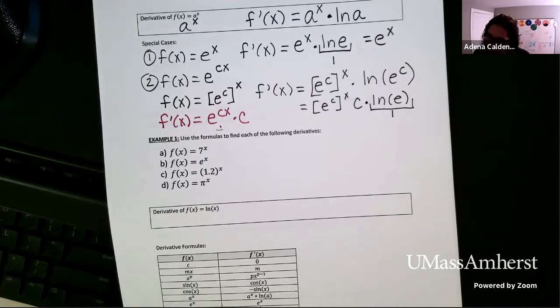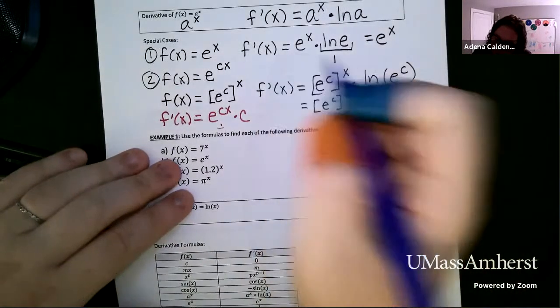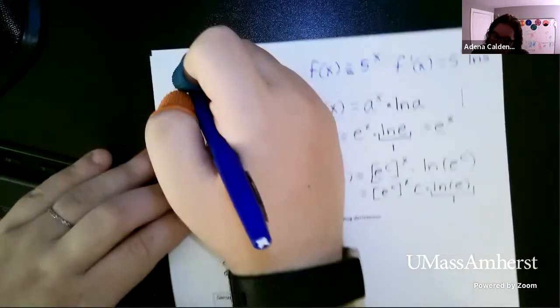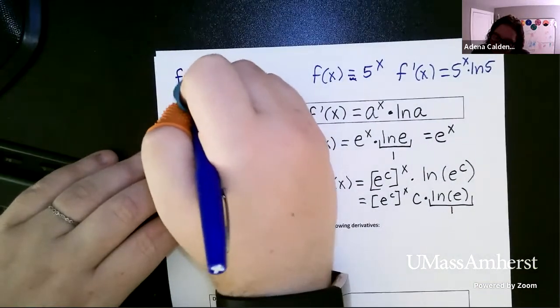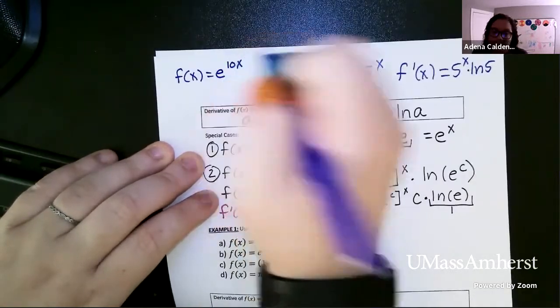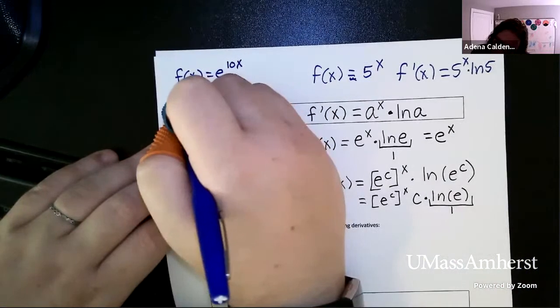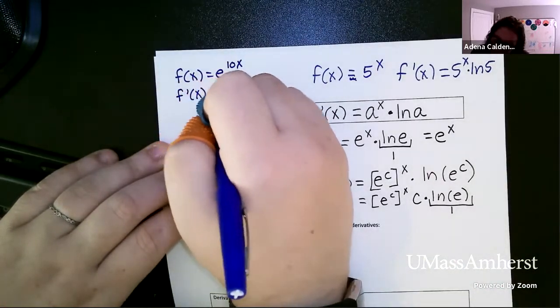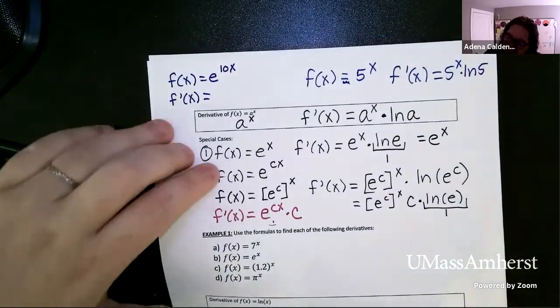So let's do a quick example of that, and then we'll do a whole bunch of practice problems here. So let's come up here, remove some space. So if you have e to the, let's say 10x, and you want to take the derivative, I notice that it's not just e to the x, and that there's a 10 there.